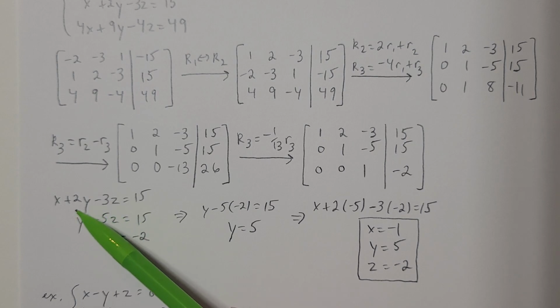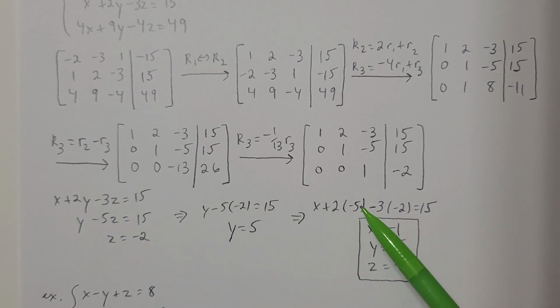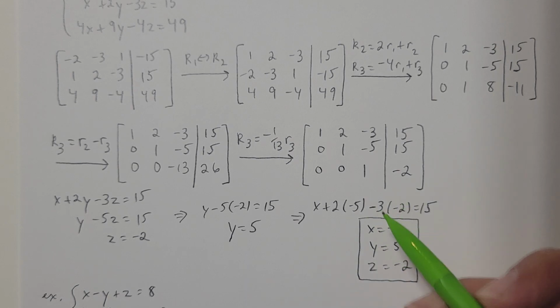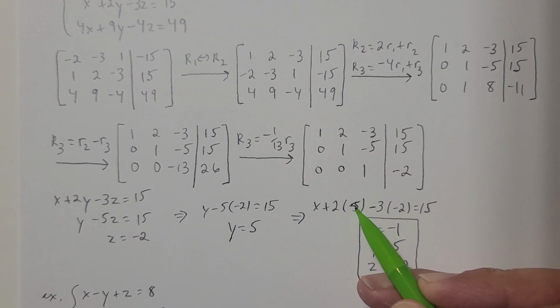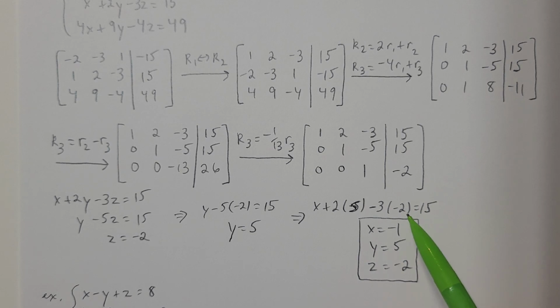Using this equation here, we have x plus 2 times, it should be 2 times 5. I don't know why there's a negative there. 2 times 5, and then minus 3 times negative 2.